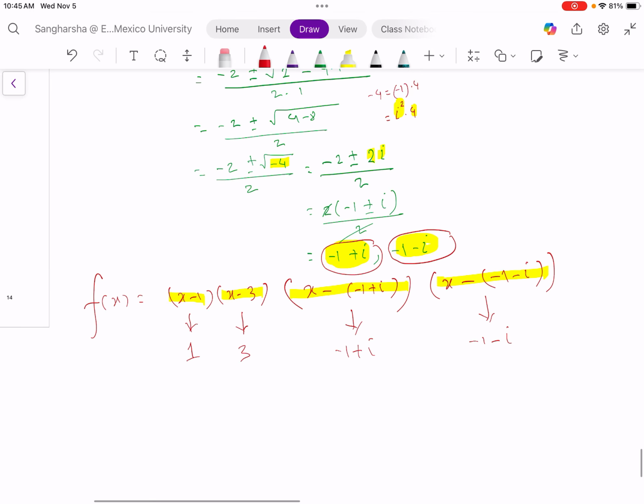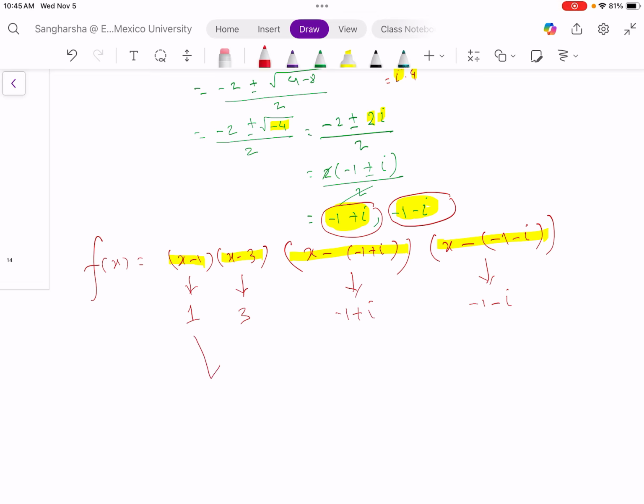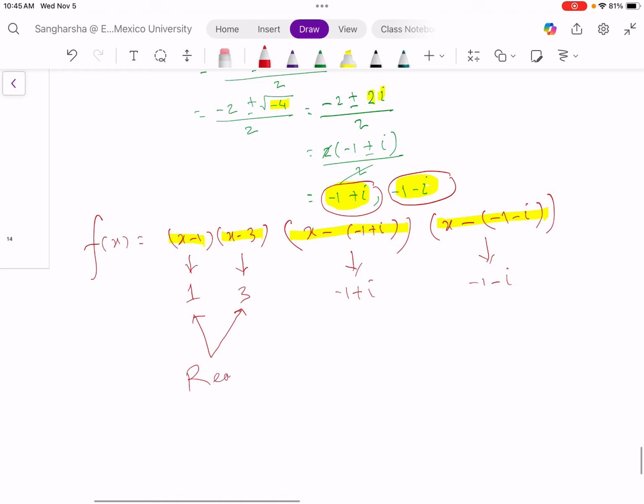Out of these four zeros, what kind of zeros are these? These are the real zeros: 1 and 3 are real numbers. These two are complex numbers, so these are the complex zeros.